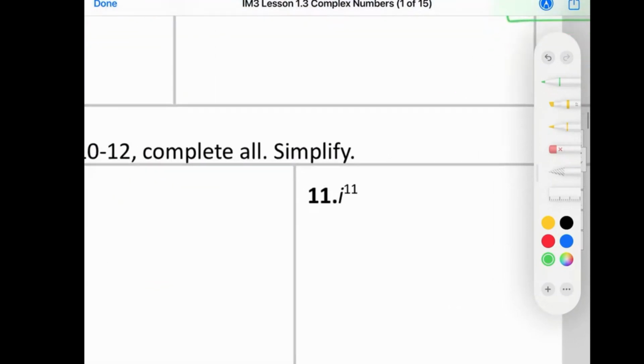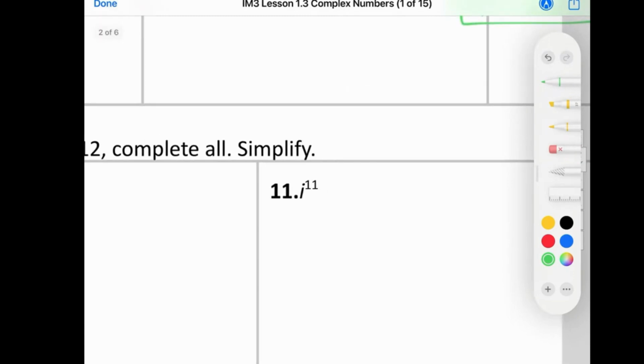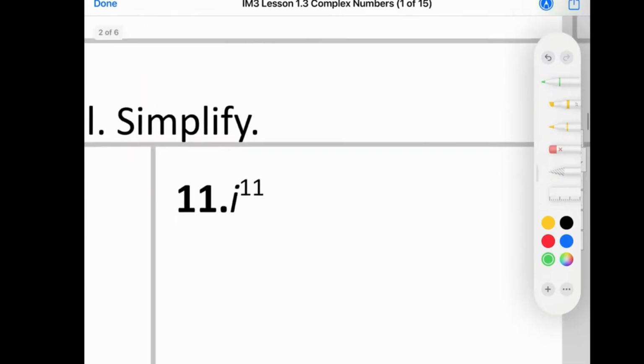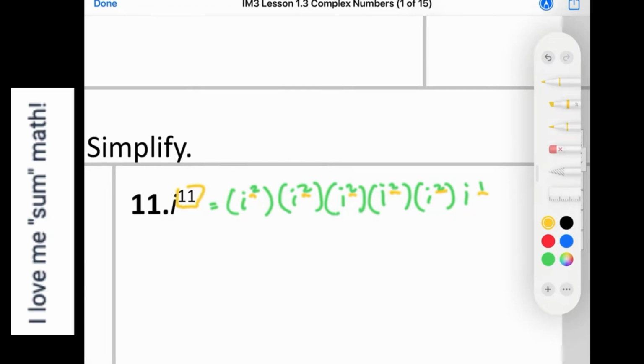Okay, number 11. We have i to the 11th power. And so from our chart, or from i squared, you could do something like this. Let's break it up. So i squared to the 5th power. Does that make sense? Because if you add 2 plus 2 is 4, 6, 8, 10, 11. That gives me the 11. So you can use your properties of exponents. i to the second.